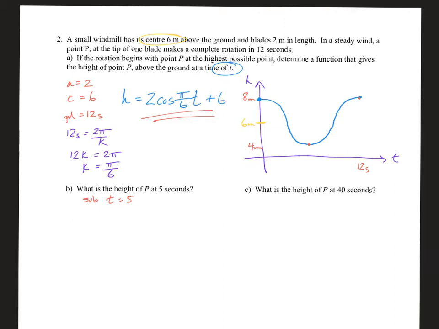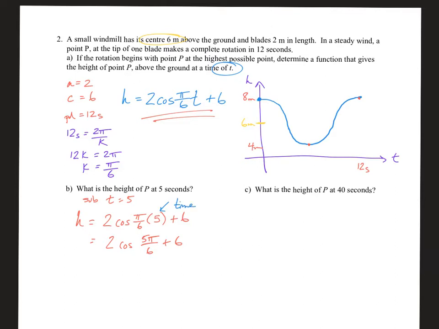And here's why. When we take this function and we replace the t with 5, some people are going to have a little bit of a hiccup. That is, when they simplify this, and they now have to calculate cos of 5 pi by 6, in that value of 5, they subbed in a time.